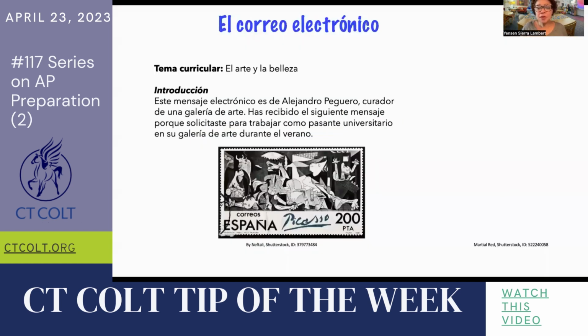Okay, so here's what it would look like on the AP exam. You have el tema curricular, which is the theme, el arte y la belleza, and then they have the introduction. So recommendation number 1, encourage your students to read the introduction, because sometimes they'll get an email with unfamiliar words, language they don't understand very well. And sometimes the introduction can help them understand the context.